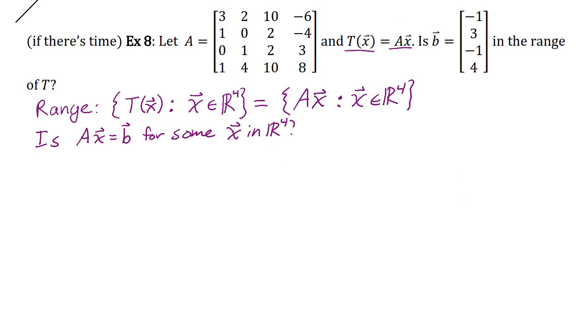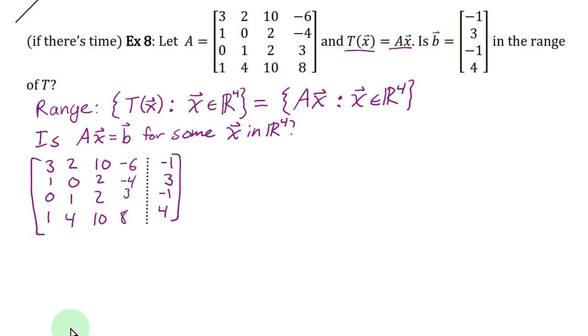Does this have a solution? So we could write the augmented matrix of this equation, which is going to be 3, 1, 0, 1, 2, 0, 1, 4. I just paused it so you didn't have to hear me listing off all the numbers. But anyways, this is the augmented matrix that corresponds with this matrix equation. And we want to know if this has a solution.